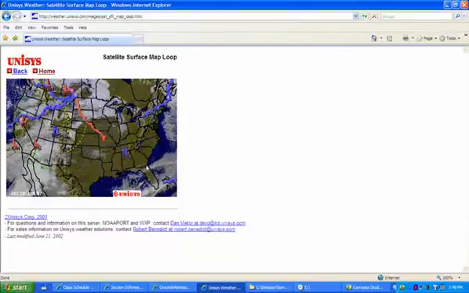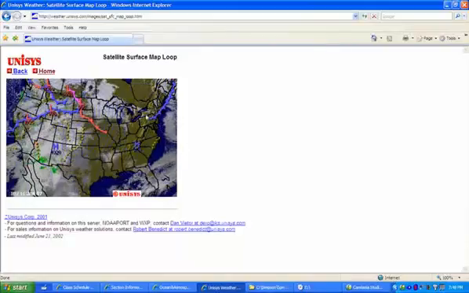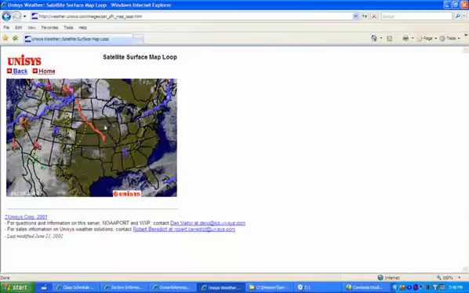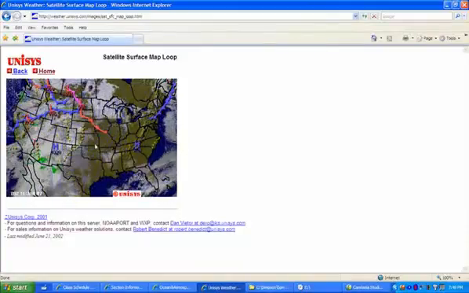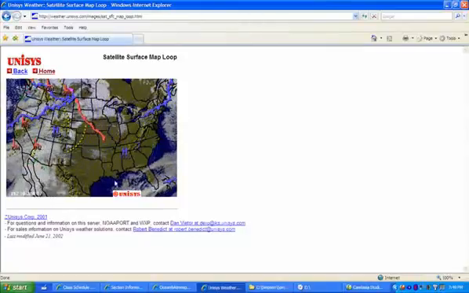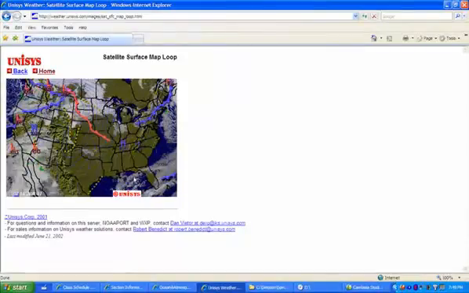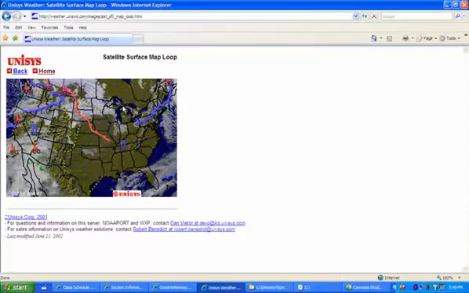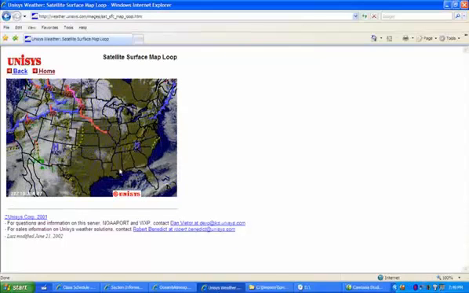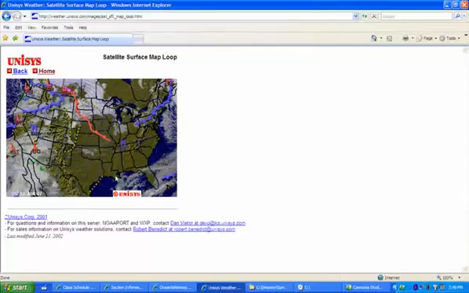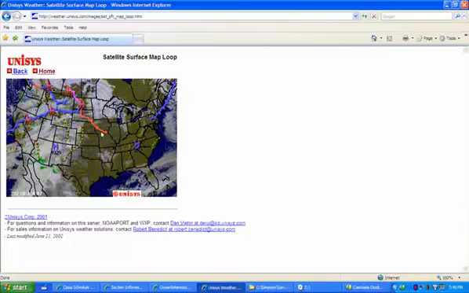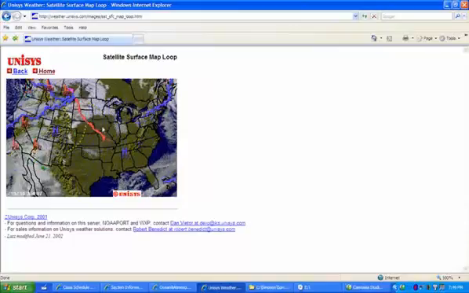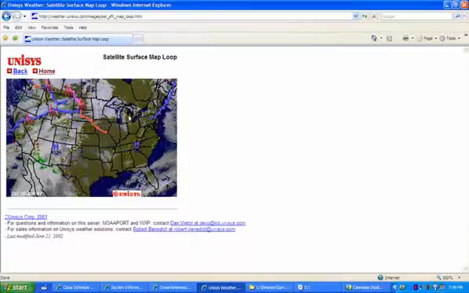I'll try to slow the cursor down. The winds are coming from the south. And we do wind direction by where the winds are coming from. So we have a southerly wind. So by looking at the surface map, I can predict our wind direction, or at least I can surmise where the wind direction is coming from this evening.